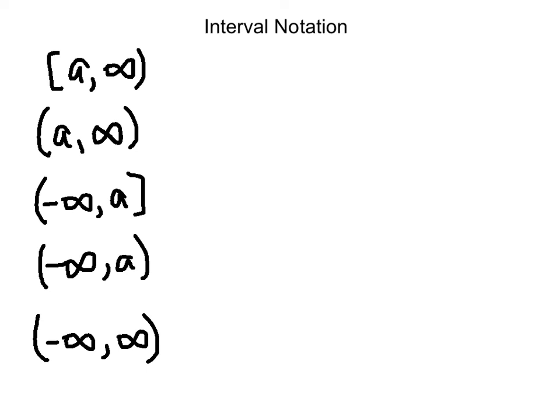So using an inequality, we would write this as any number x that is greater than or equal to a. Next is unbounded also in the positive direction, but as you see with the parentheses, a is not included. And so we would write this as any number x which is just greater than a.